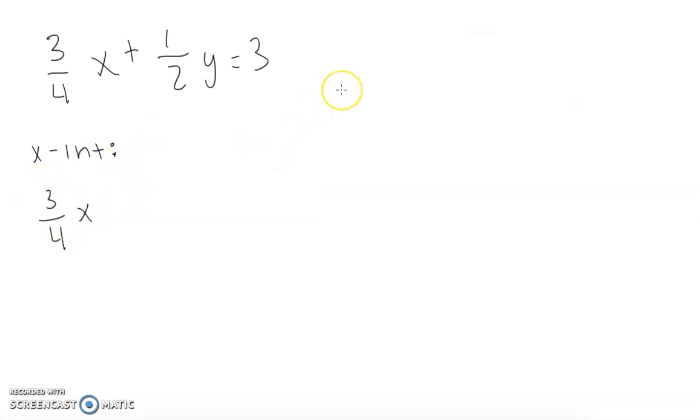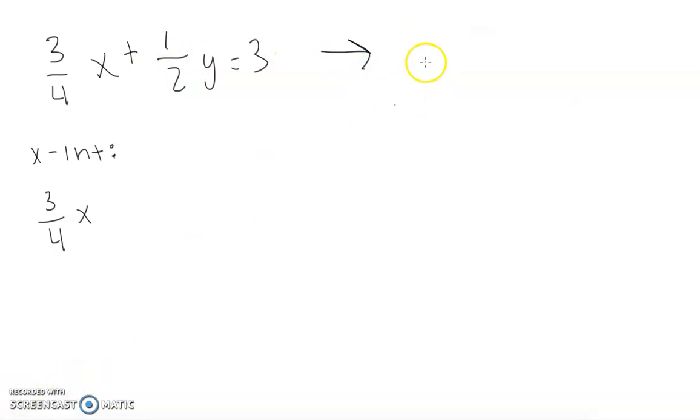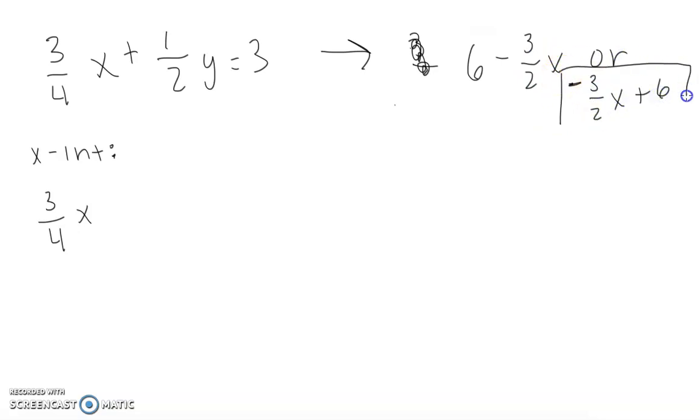If you want to, you can change it to the other form, which is the mx plus b form. But I'm going to keep it in this other form because it looks easier.